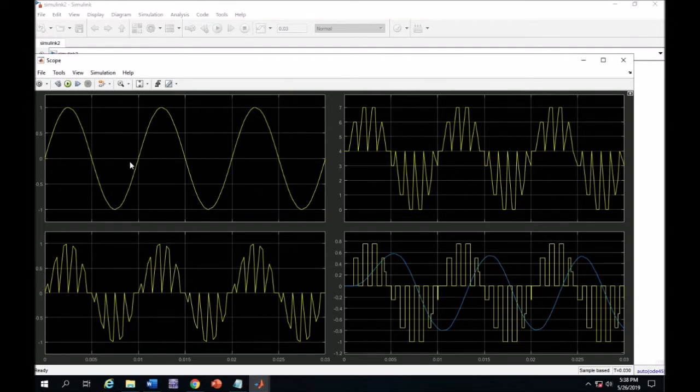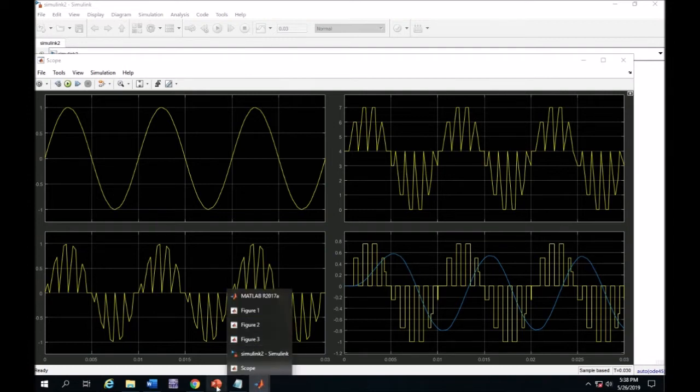Okay, first this graph is the analog signal. This is the sample signal, this is the encode signal, and this is the full graph that combines the analog signal and square signal.